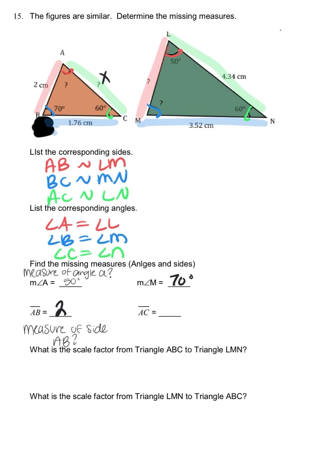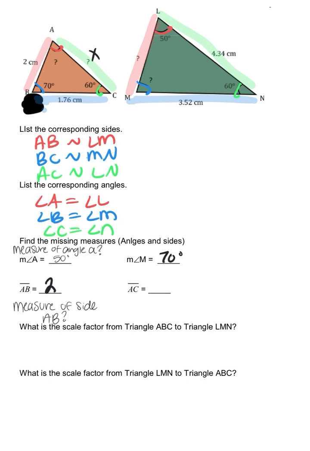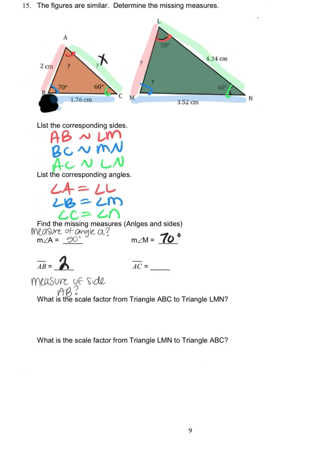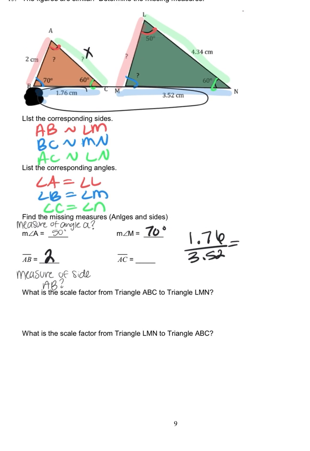So in this one, we're looking over here. So I'm going to go ahead and set up a proportion. So I know what these two pieces are. So I'm going to go ahead and do 1.76 over 3.52 is equal to, well, green over green. If I went little to big, I'm going to have to do x over 4.34. And then we're going to cross product. Now, these numbers are super large. You will not have these large numbers on your test.